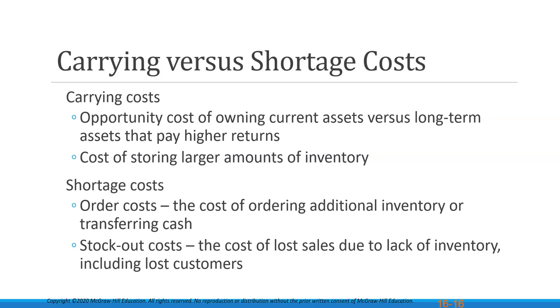Shortage costs are order costs, so the cost of ordering additional inventory or transferring cash. We might have fees every time we transfer cash, so if we don't have it on hand, we have to pay for that. The order cost, so we have to pay for delivery, shipment, etc. every time we place an order. There's a cost for placing orders.